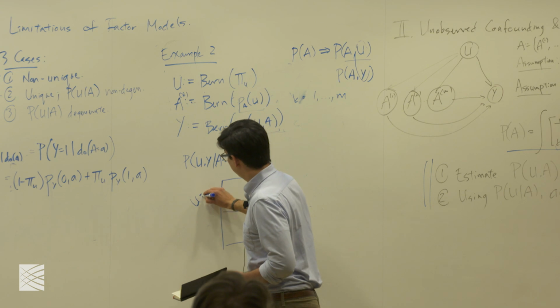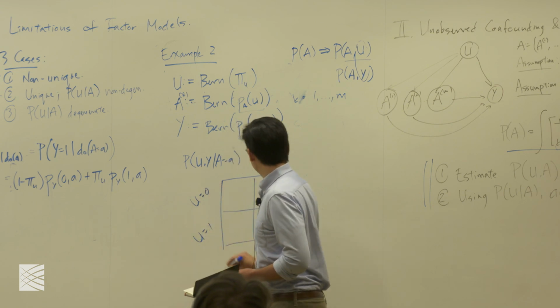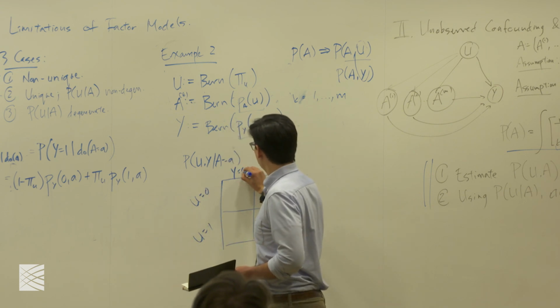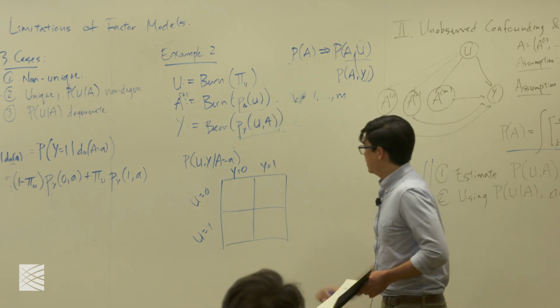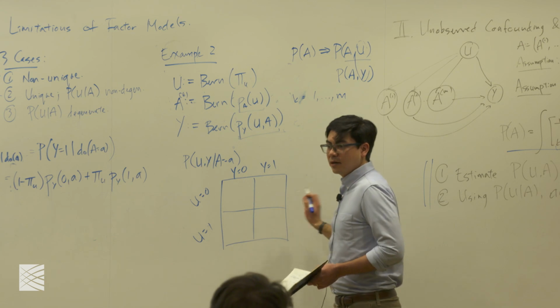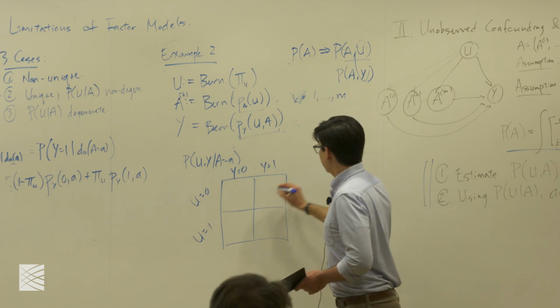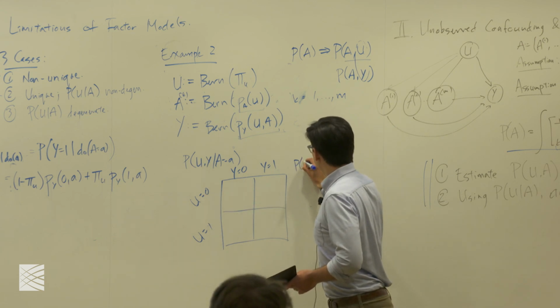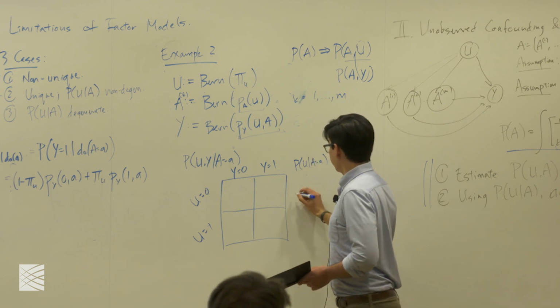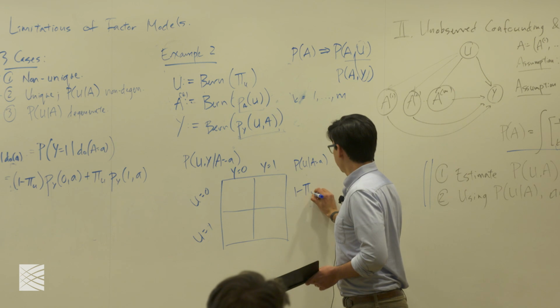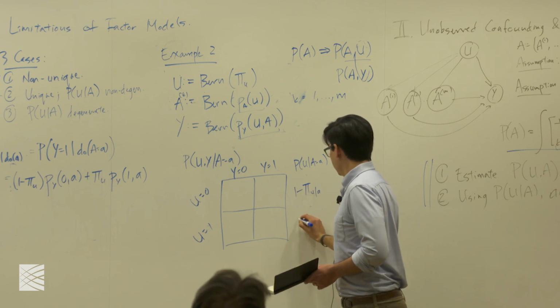Right? So we have u equal to 0, u equal to 1, y equal to 0, y equal to 1. And the margins of this table are constrained. So this margin here is constrained by p of u given a equal to lowercase a. I'm going to write these probabilities as pi of u given a.